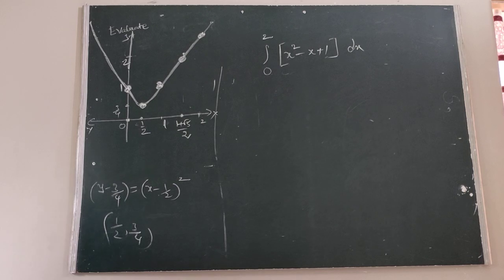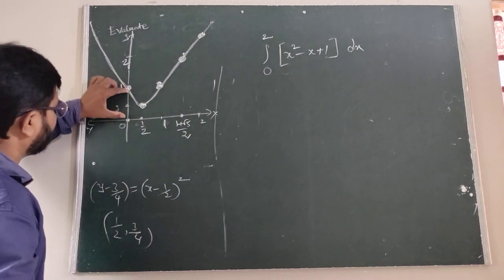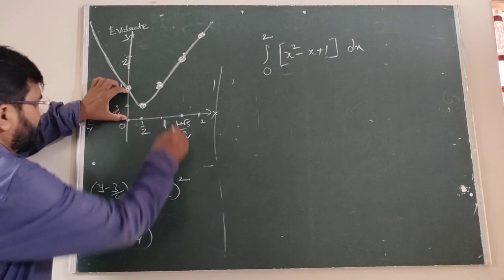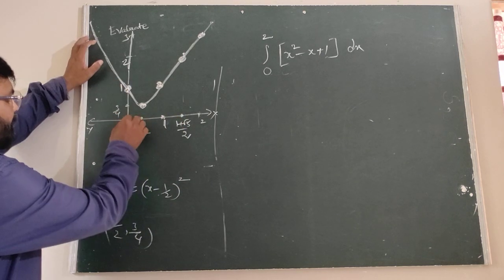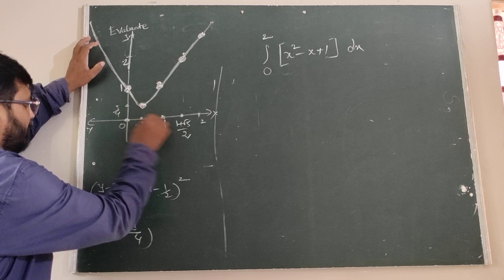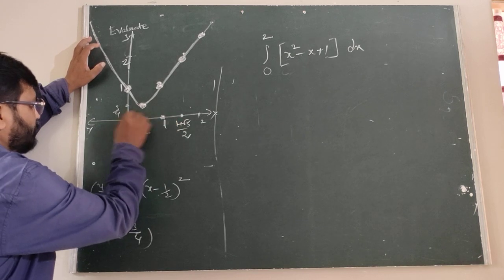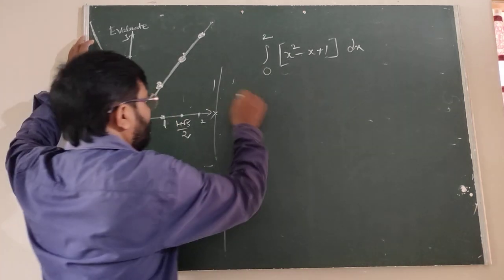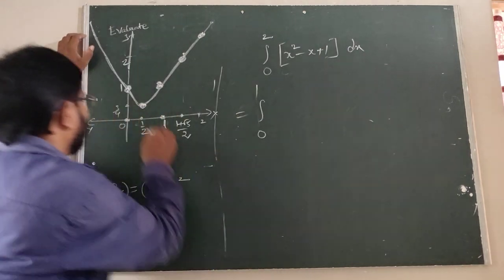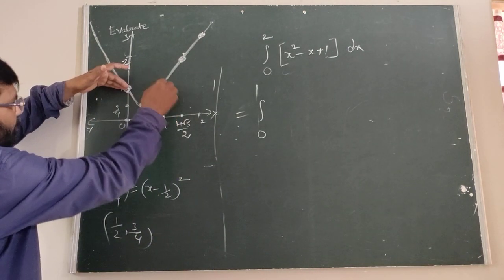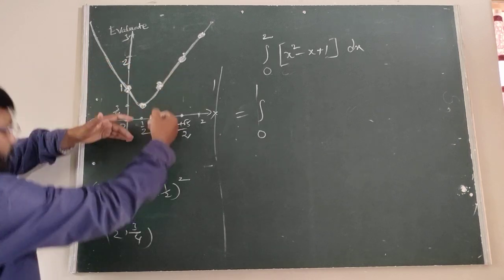Therefore, what we observe here is we have to take the values from 0 to 1. All of you listen here. If you take any x value between 0 to 1, that value is below 1. Is it clear? These all values are below 1.